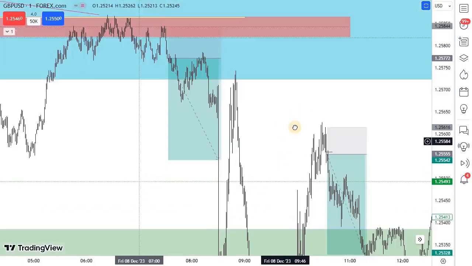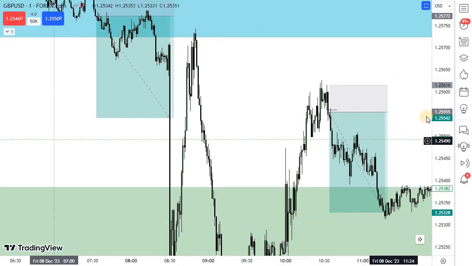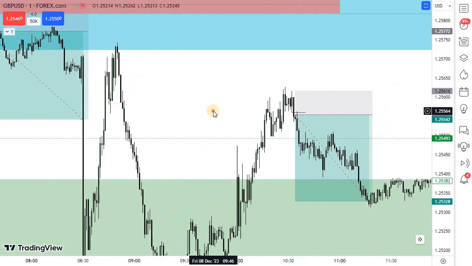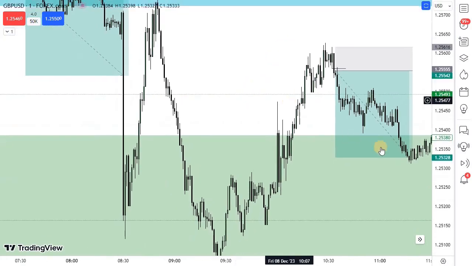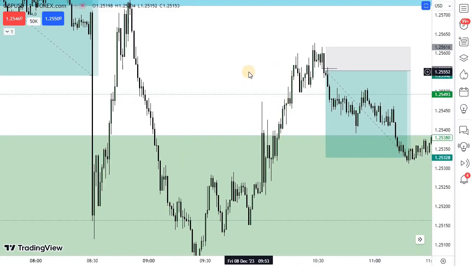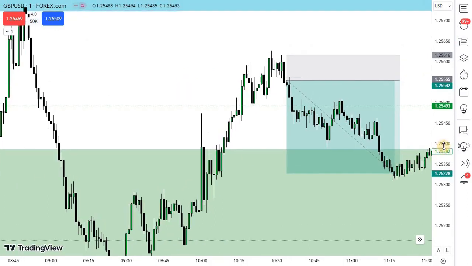For the next trade I took, there's nothing much on this trade. I just saw that where EUR/USD was making a higher high, GBP/USD was making a lower low, and currencies were bearish, so I looked for a short there.